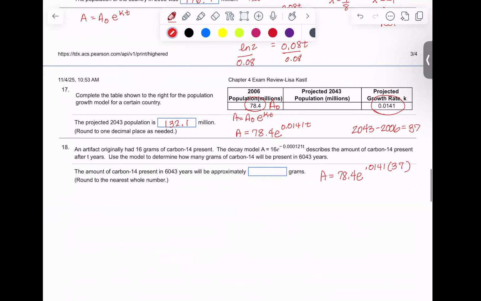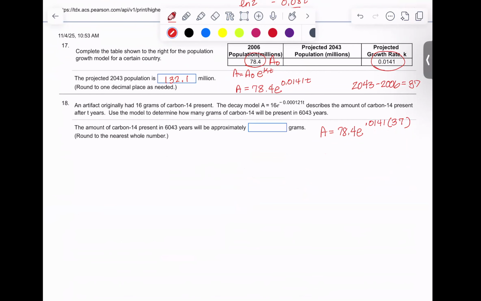All right, last but not least. An artifact originally had 16 grams of carbon-14 present. The decay model is, so they give us the model, 16 e to the minus 0.0000121 t.